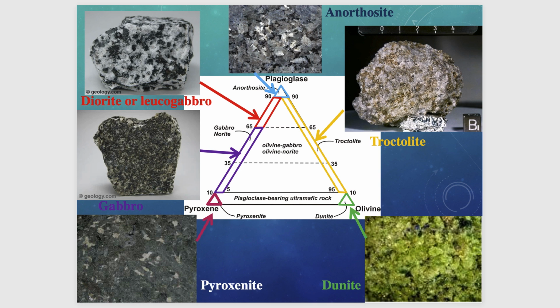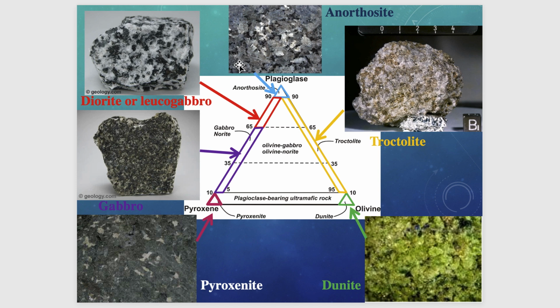Some examples here of the texture of these rocks. If you remember, we looked at the anorthosite already, so this pearly luster of the plagioclase is quite unique, so it will shine quite a bit.